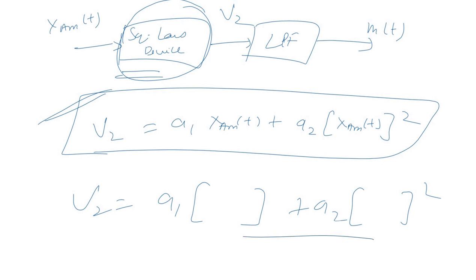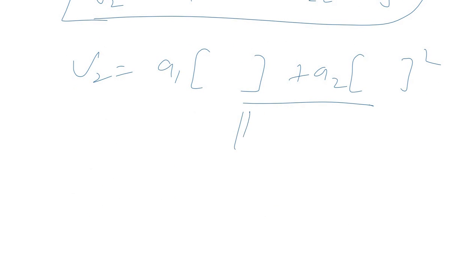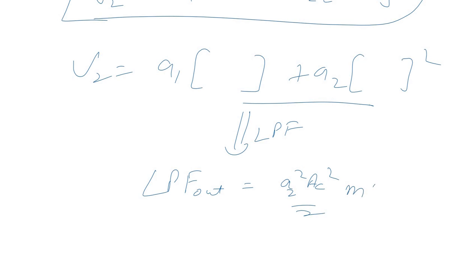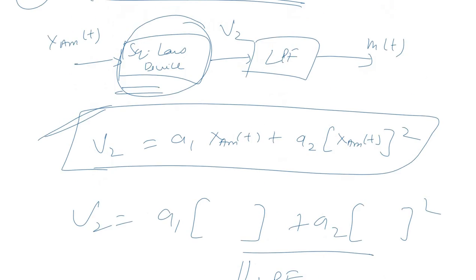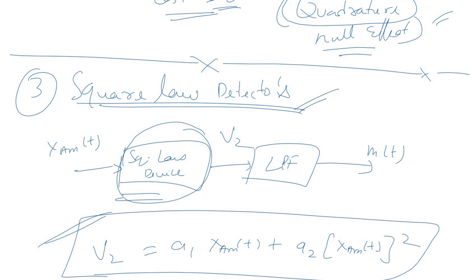And if we further simplify it and pass it through the low pass filter, the low pass filter will eliminate all the higher frequencies and keep the lower frequencies only. So the low pass filter output will come out to be A2 Ac square by 2 into m(t), which is nothing but again the scaled version of your message signal, which is the expected value. So this is the third type of the detector, that is square law detector.